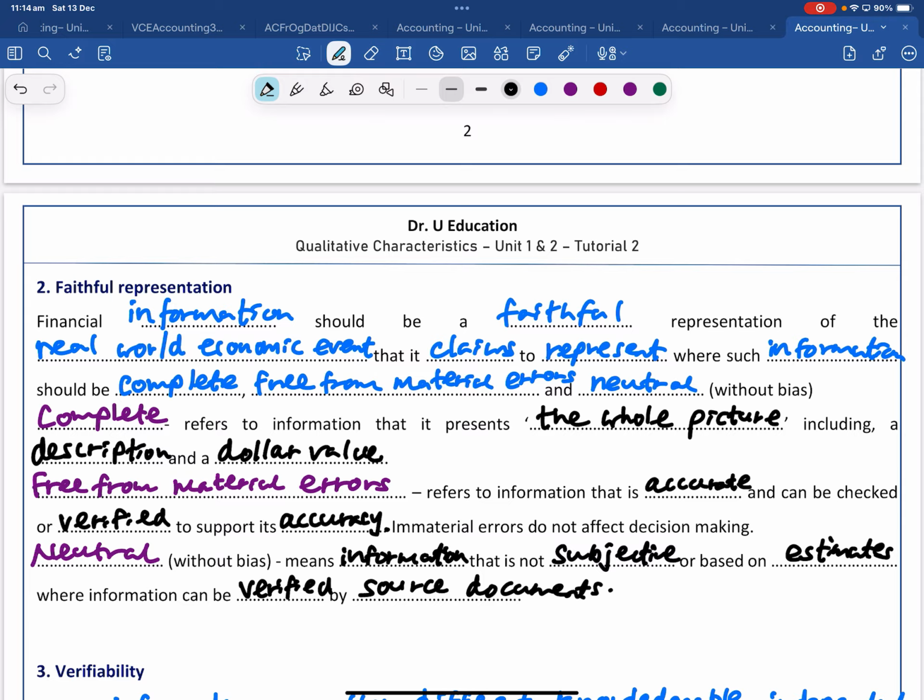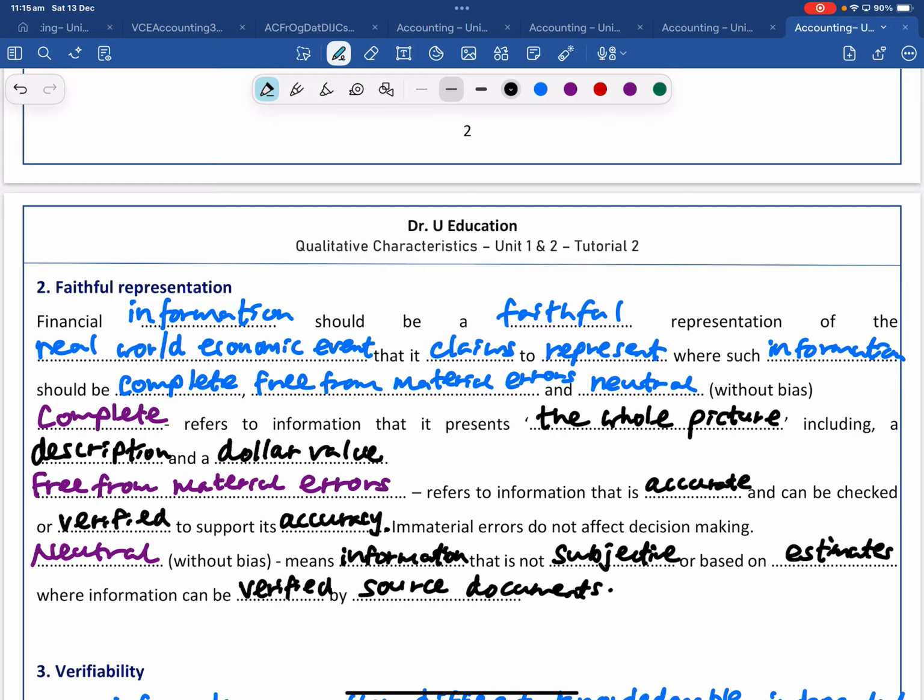So the faithful representation says that financial information should be reflecting the real world economic events in such a way that such information is complete, free from material errors and neutral.